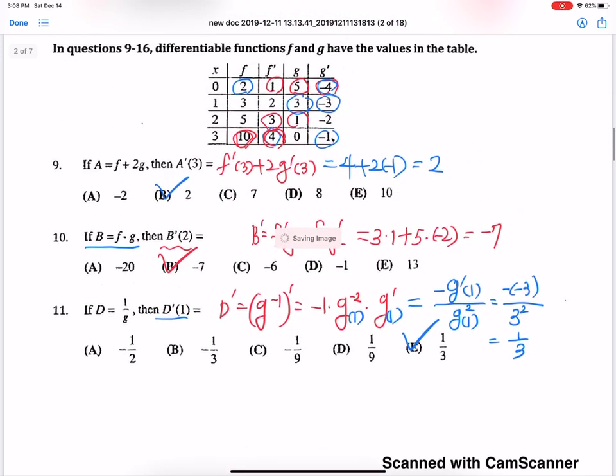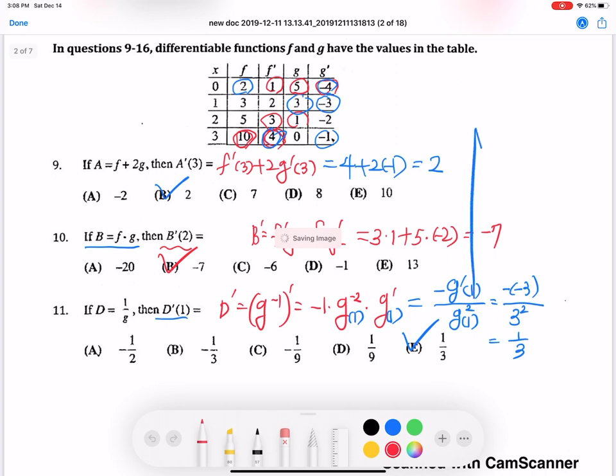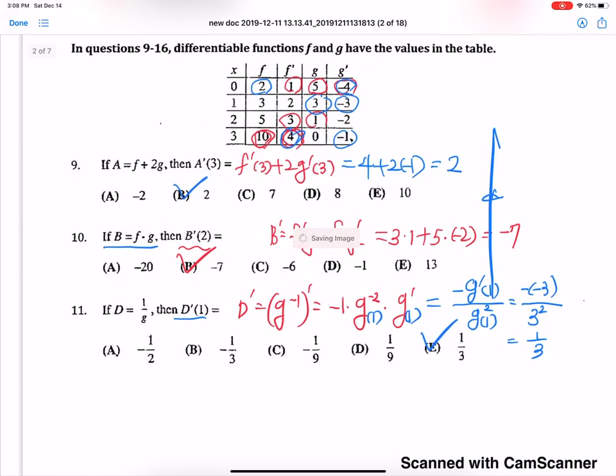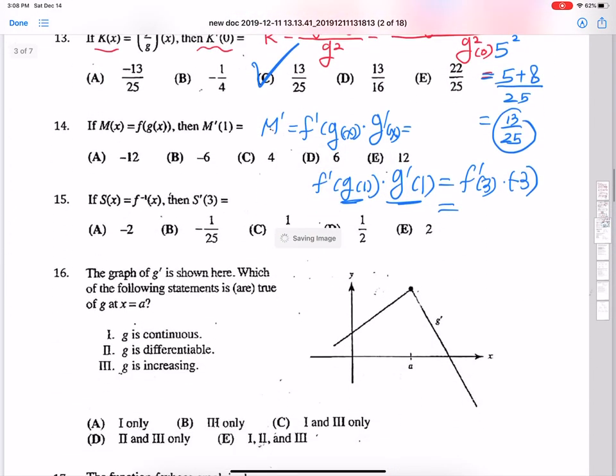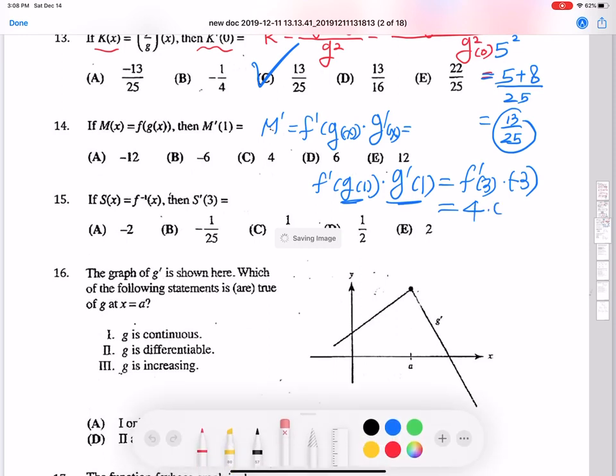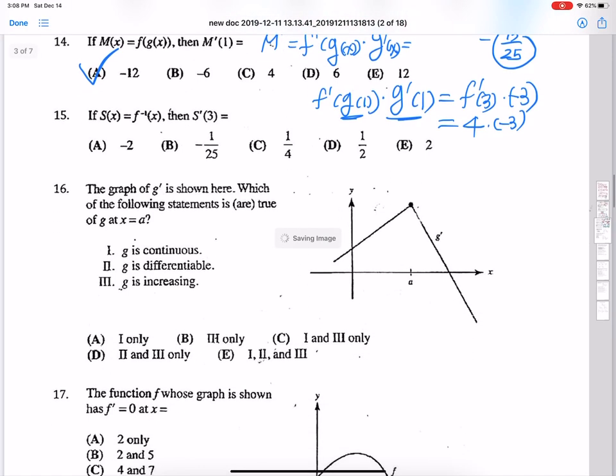In the table, f prime of 3 is 4. So that's 4 times negative 3, so negative 12. So A is the answer.